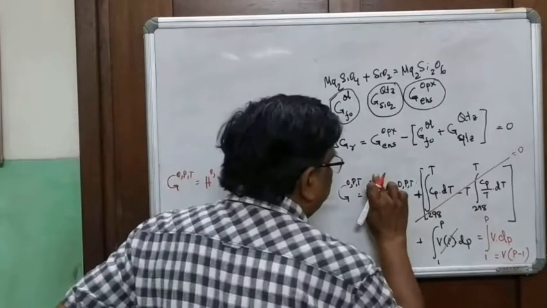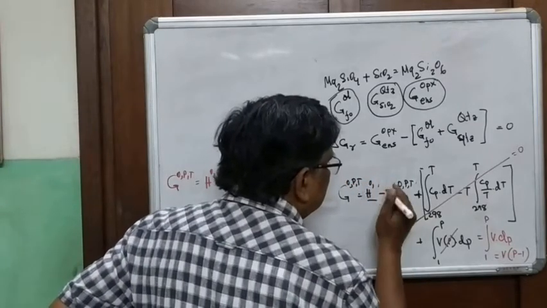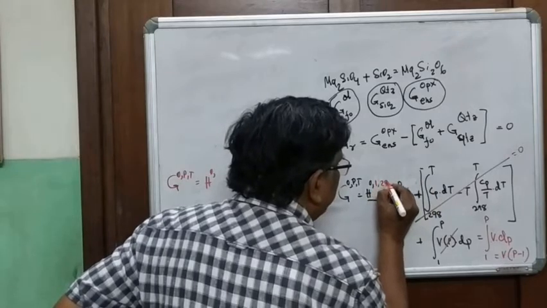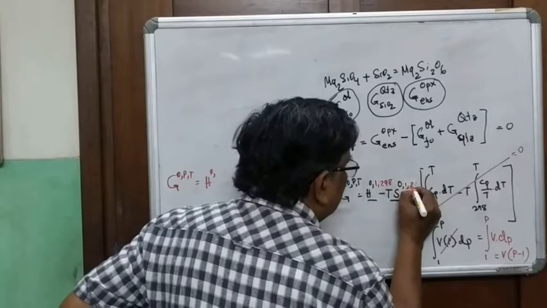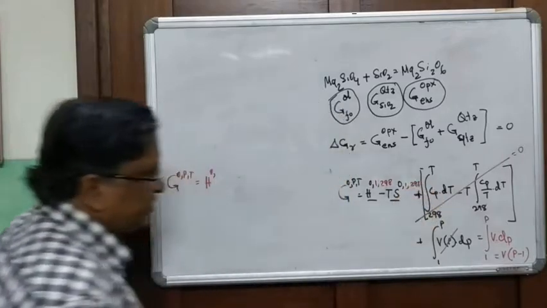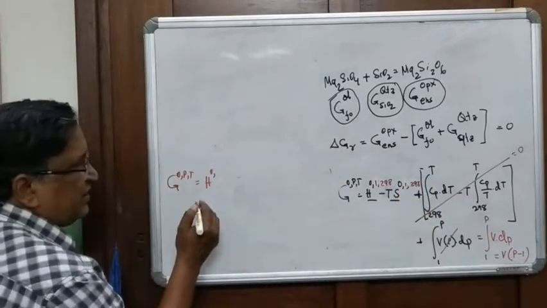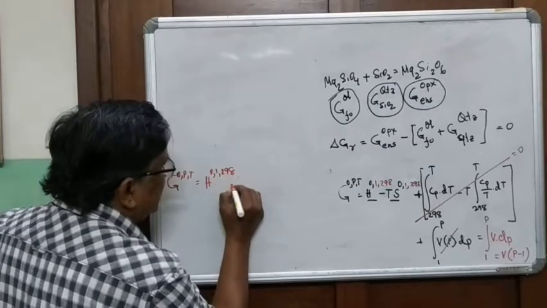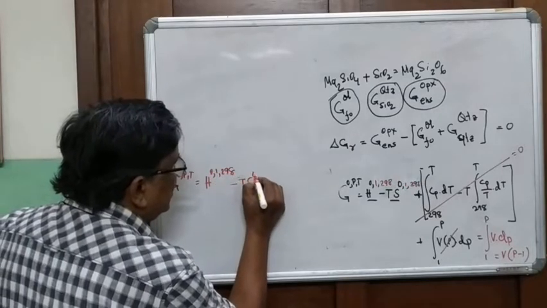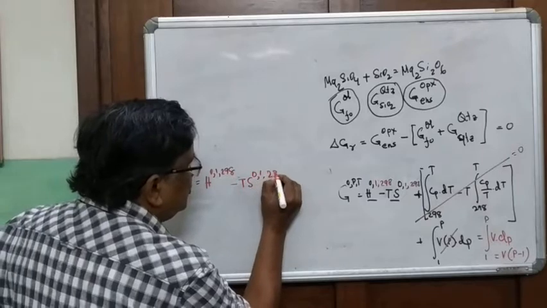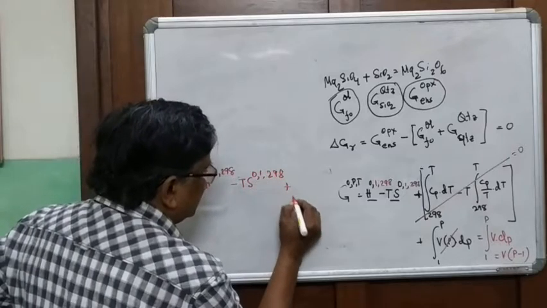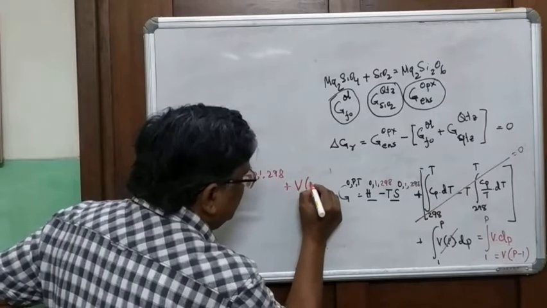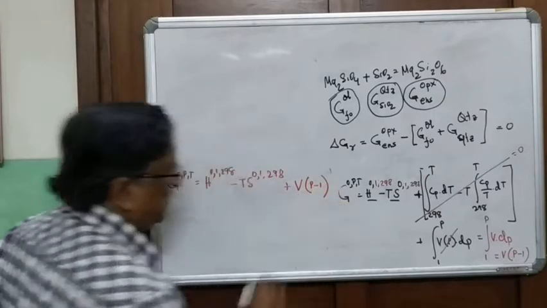I'm sorry, I made a mistake here. Please make the correction. This is how it is written. So what we write here is H0 1 298 minus TS0 1 298 plus V into P minus 1.